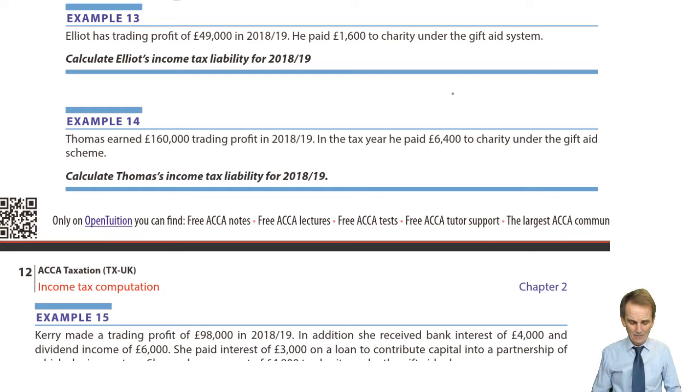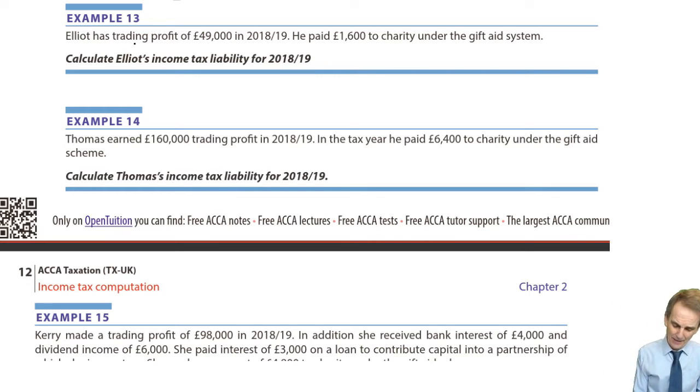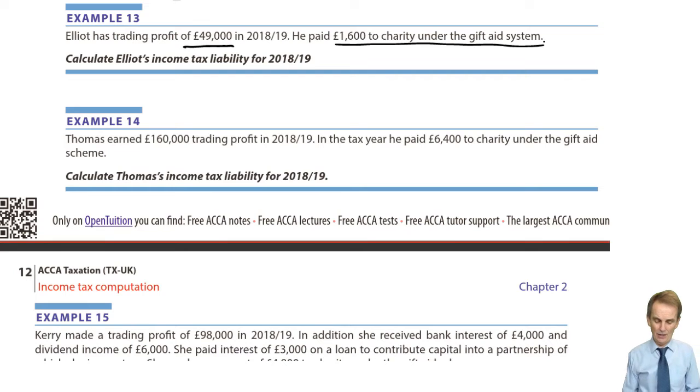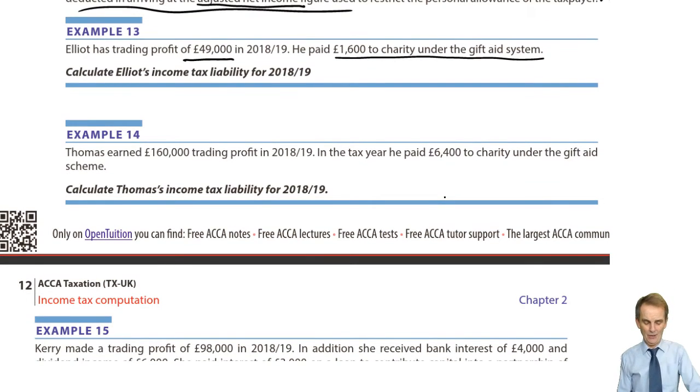Example 13, we've got one source of income. Elliot has a trading profit of £49,000 and he paid £1,600 to charity under the gift aid system. So what do we know about that? Trading profit 49, that equals non-savings income.